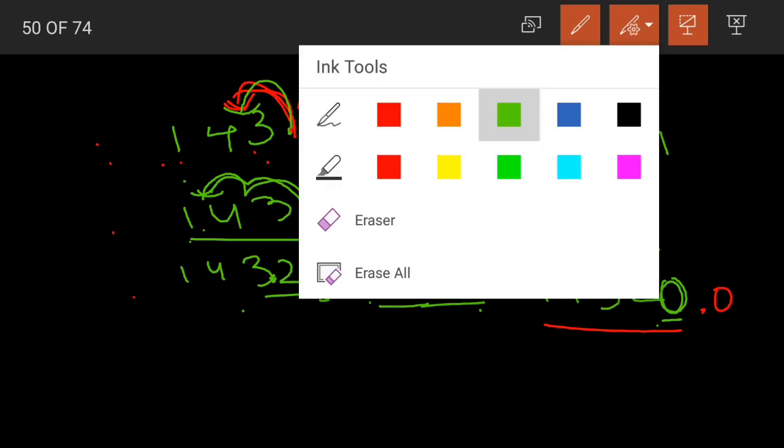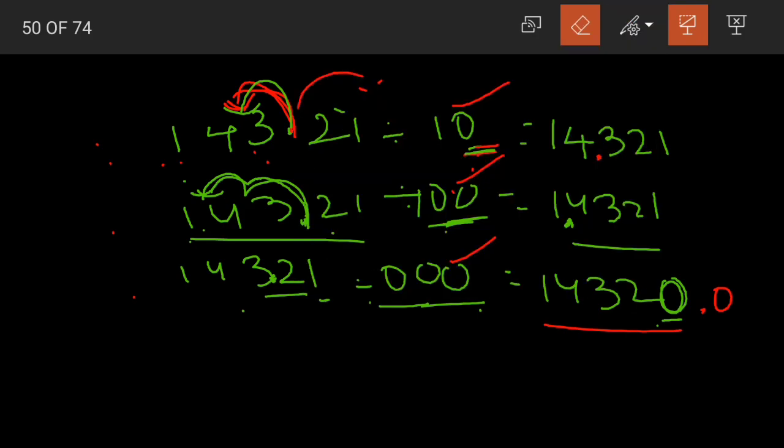Now in the same way, the same number divided by 1000. Again, what should we do? We should write the number as it is and then move the decimal point 3 digits to the left. 1, 2, 3.